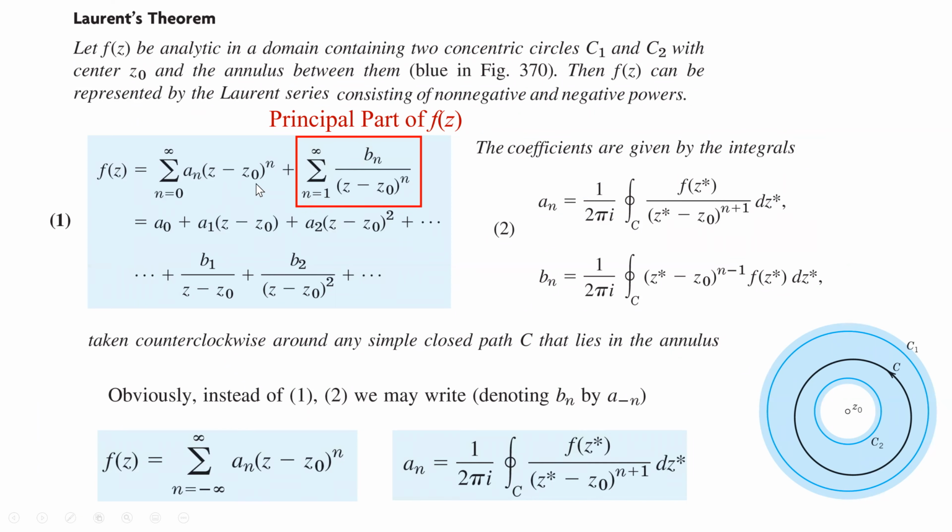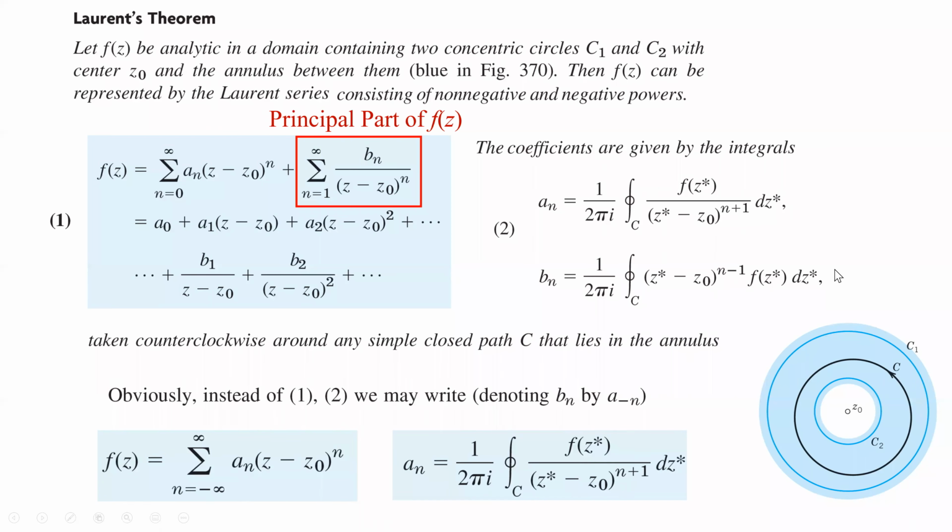This part is the Taylor series. This part is the principal part, that has singularity at z equal to z naught. And the coefficients a_n and b_n are given by these formulas. And of course, you can write them as one thing right down here.